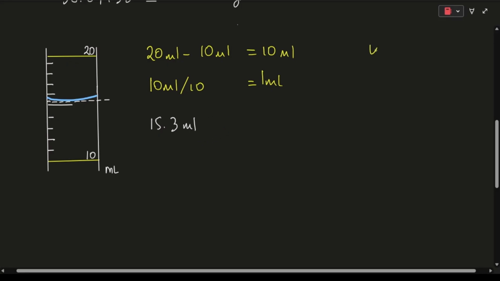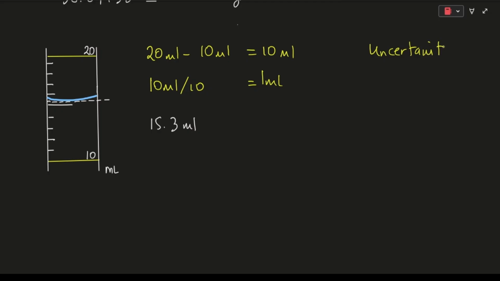So for our uncertainty, we make use of our smallest increment and we divide by 5, which is going to give us plus or minus 0.2 milliliters. With this, we're going to record our reading in this form.